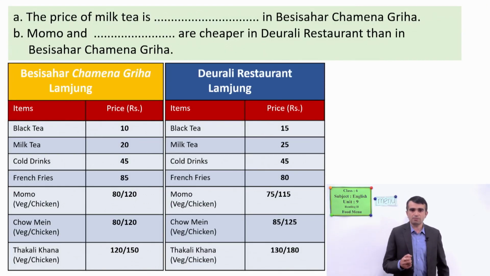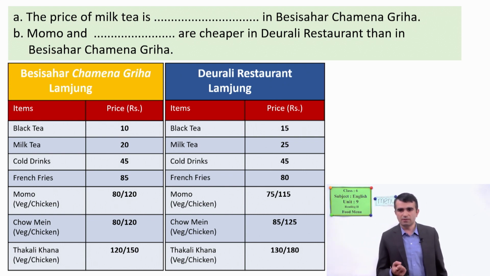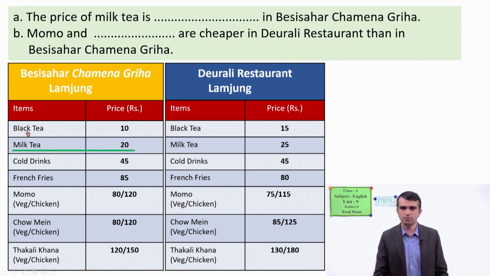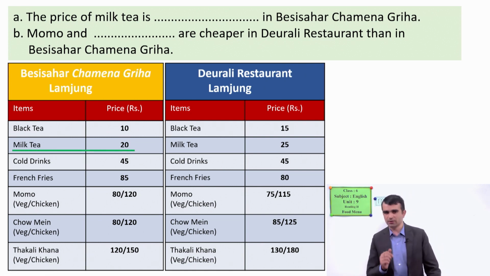See, the price of milk tea in Besar Samanagriya. You can find it easily, can't you? So in Besar Samanagriya, here we should find the price of milk tea, isn't it? So milk tea, what is the price? Okay, 20 rupees.